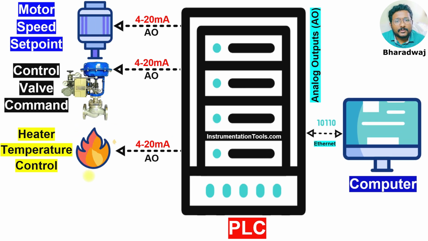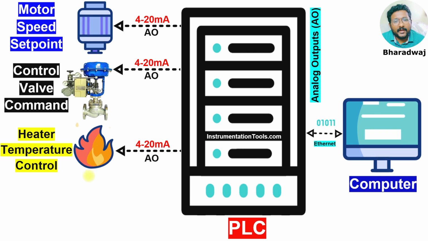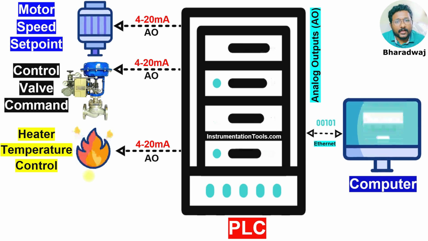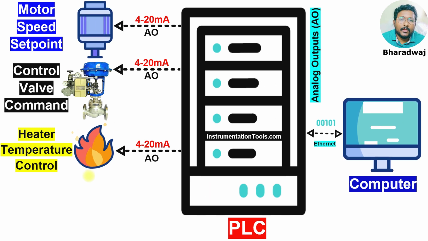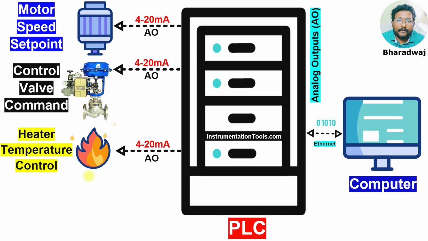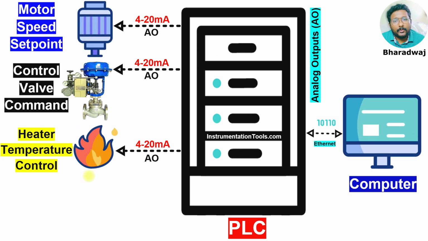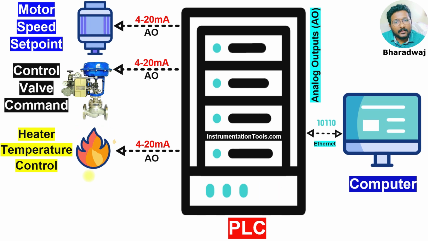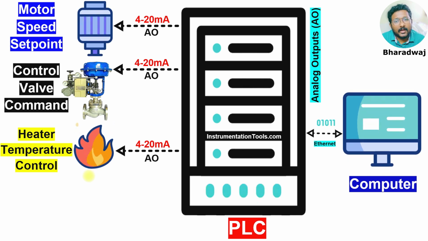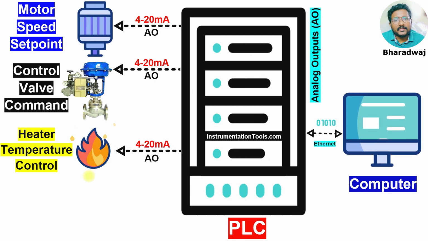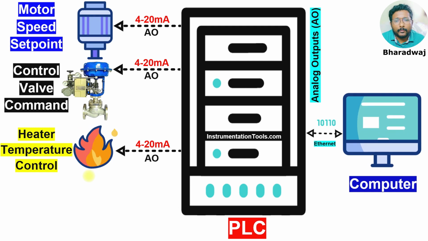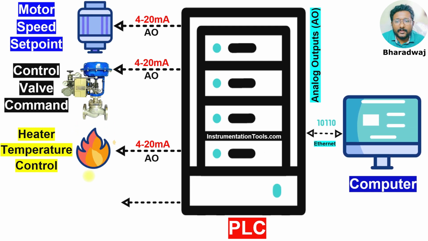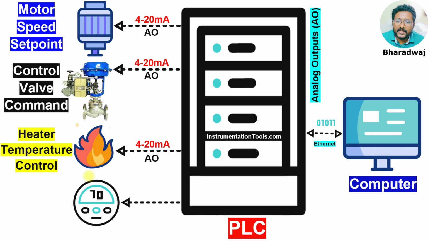Let's suppose the PLC has to send some current value or voltage value to a VFD drive, or to an annunciator panel, or a display unit, or some third party device, then these are also considered as analog outputs and they need 4 to 20 milliamp signals.